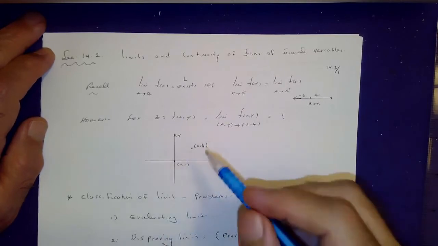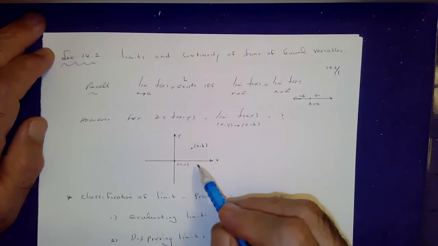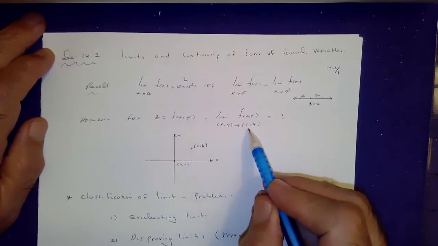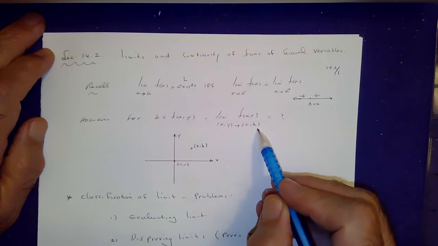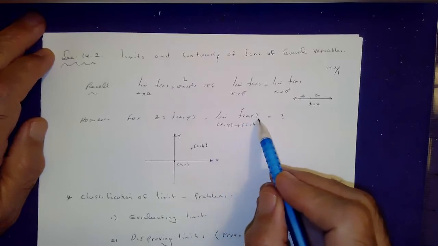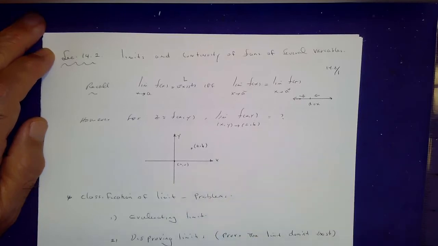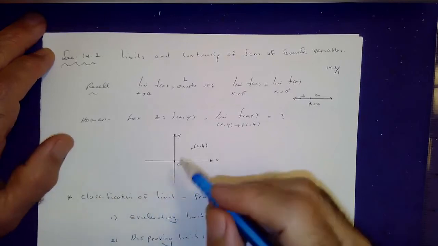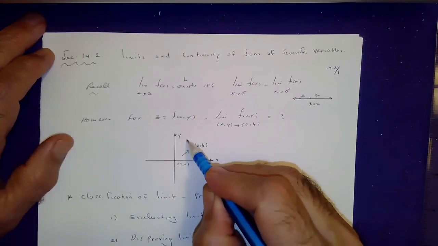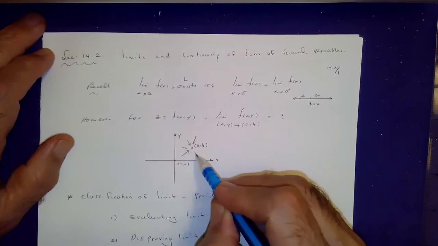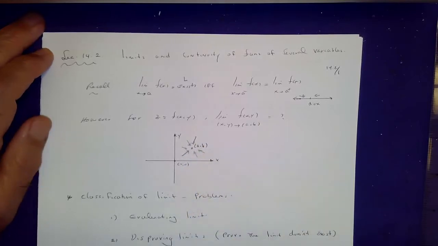For instance, how many ways can I approach, let's say, the point a comma b, which is the limit of f of x y when x and y get close to this point a comma b? Well, there are infinitely many ways you can approach that point. So mayday, we have a problem.